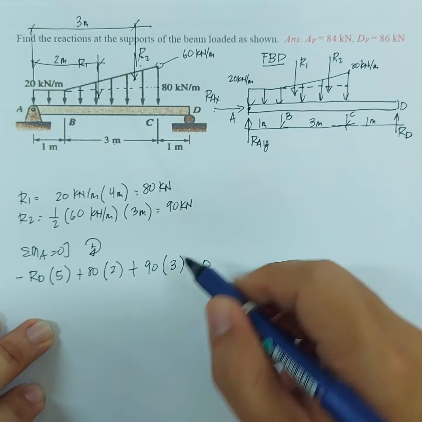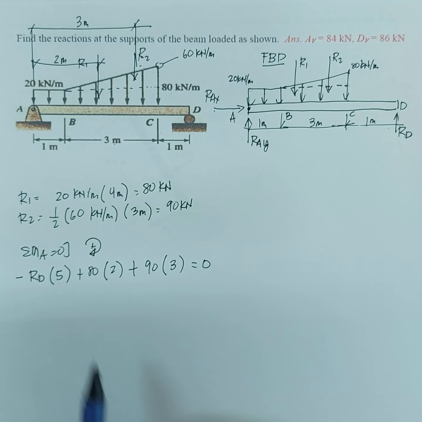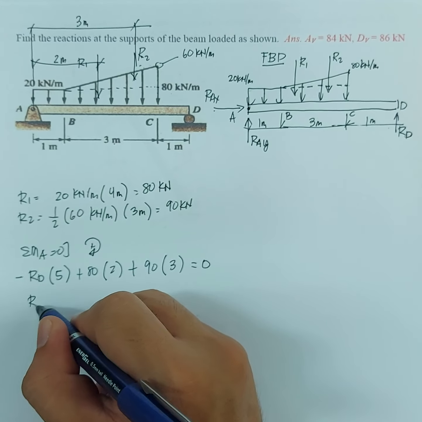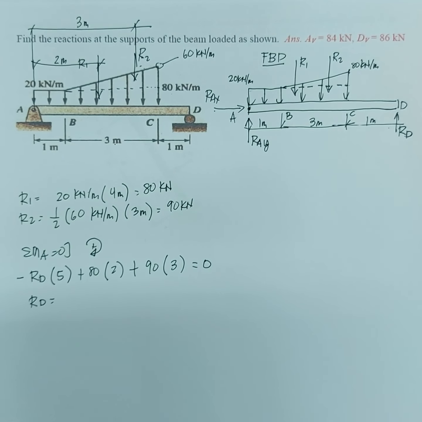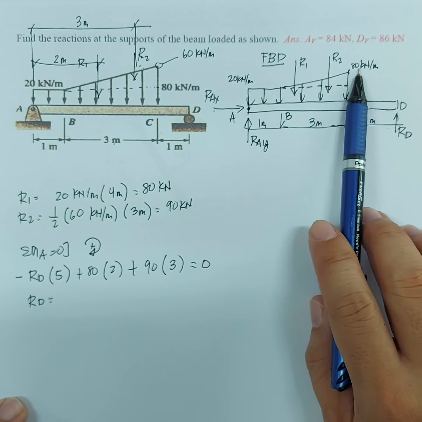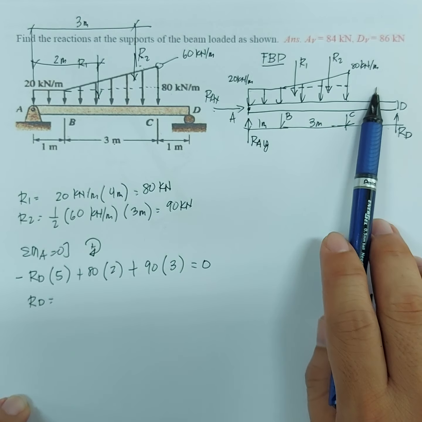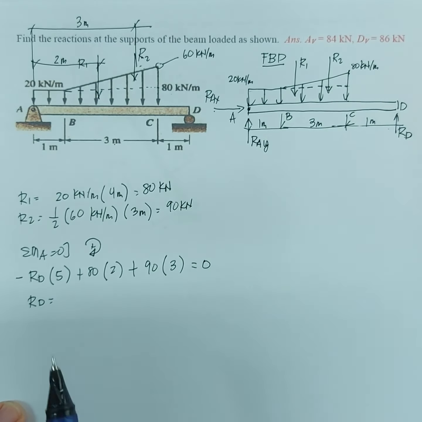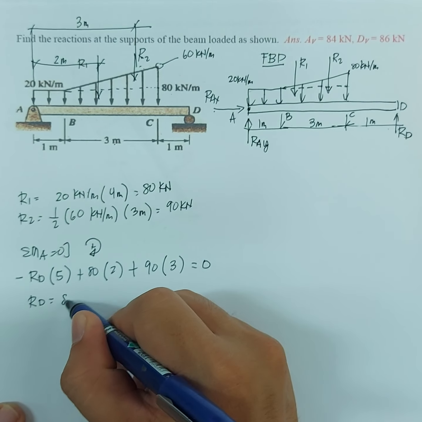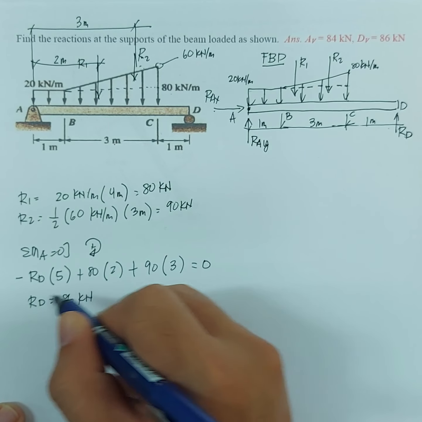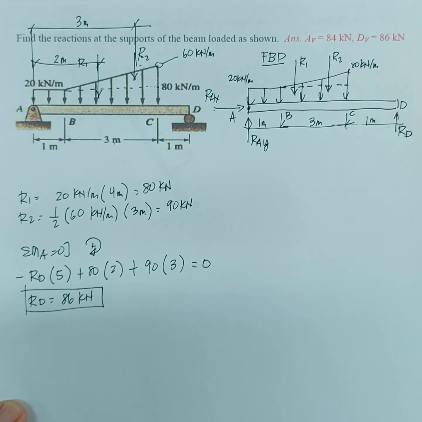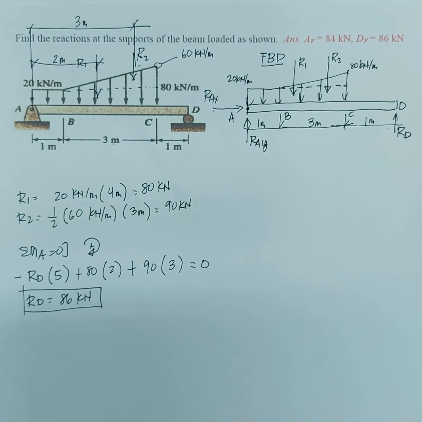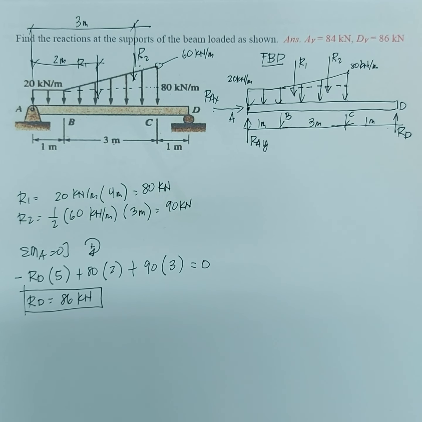That should be equal to 0. So, we have one unknown in the equation, and that is RD. RD is equal to, or that is dV dito sa problem. So, RD is equal to 86 kilonewtons. Okay? So, that is RD.